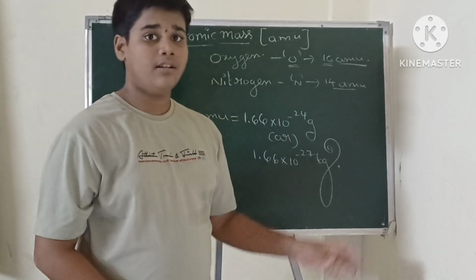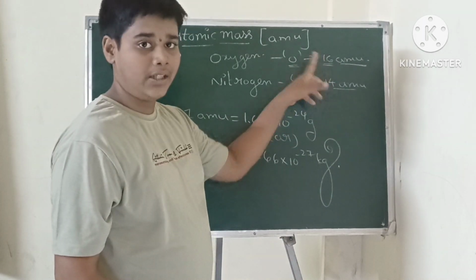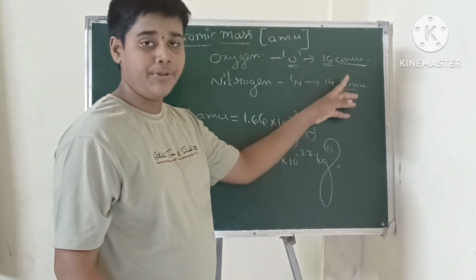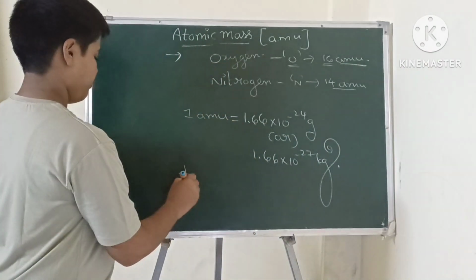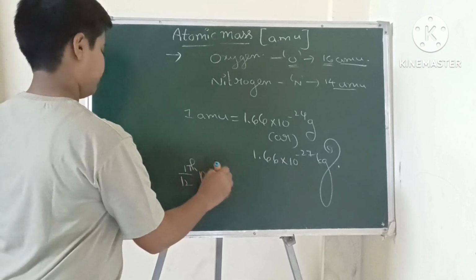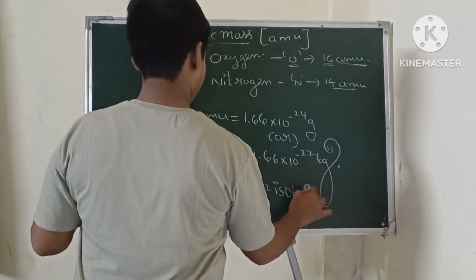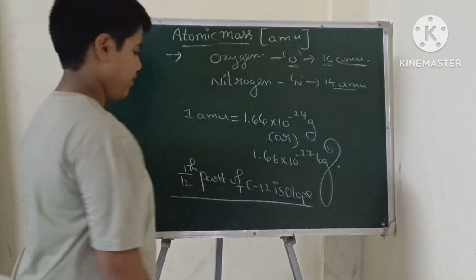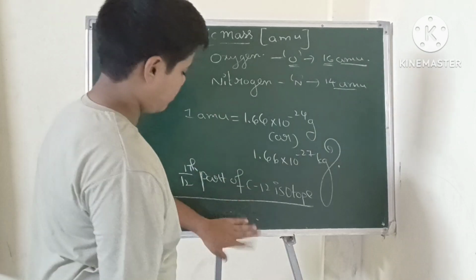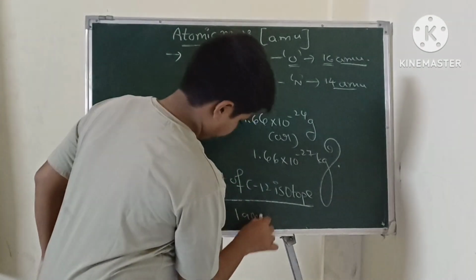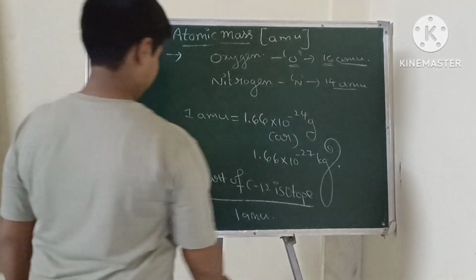Atomic mass means the mass of a given atom of a particular element in terms of 1/12 part of the C12 isotope. 1/12 part of the C12 isotope means 1 AMU. So this is atomic mass.